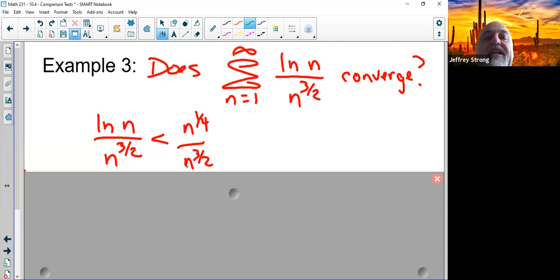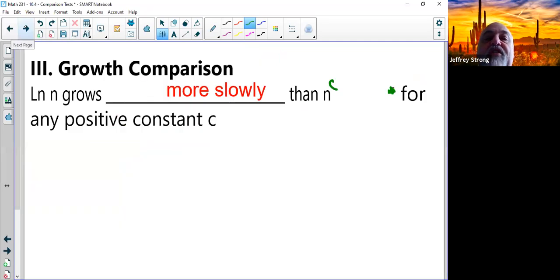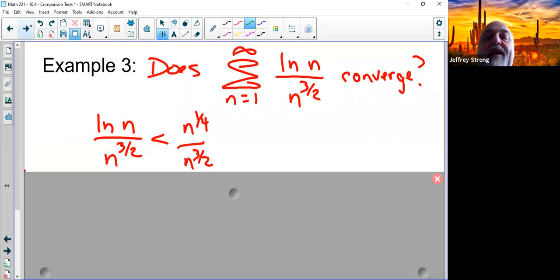The reason I'm picking this is that the natural log of n grows more slowly than n raised to any power. I'm using n to the 3 halves so it'll match the denominator. The n to the 1/4 is nothing really special, but let's just see what happens.